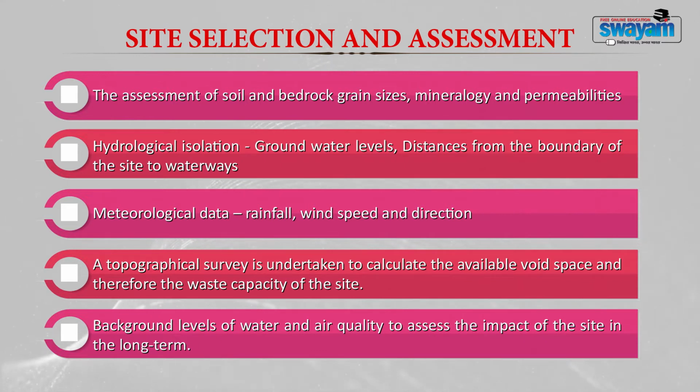For example, if you select a site, you find certain points, collect the groundwater and do a water quality analysis, so that in future, if there is any leakage of leachate into the groundwater, you can compare and find out whether there is any leakage or disturbance in your liner system. The same applies to air quality also.